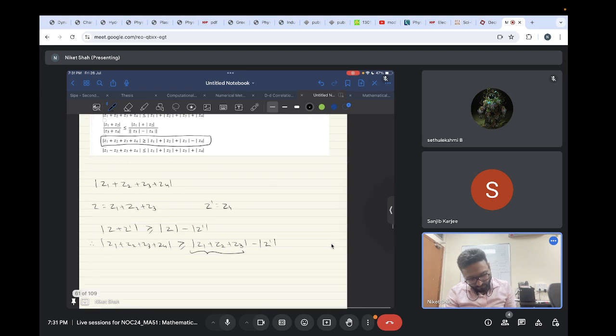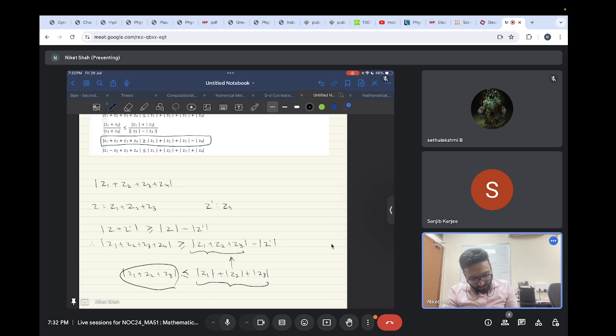So let's do that. But the problem here is that this is less than or equal to mod z1 plus mod z2 plus mod z3. So this right hand side expression is what I want here. But the problem is that this right hand side expression is greater than mod of z1 plus z2 plus z3.